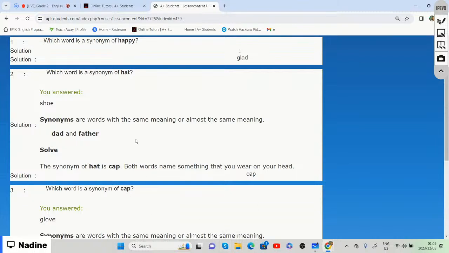When it comes to synonyms, there are many different words with similar meanings, but we specifically say dad or father because those are the most common ones. Even mom, mother.